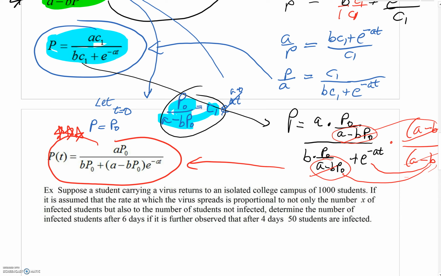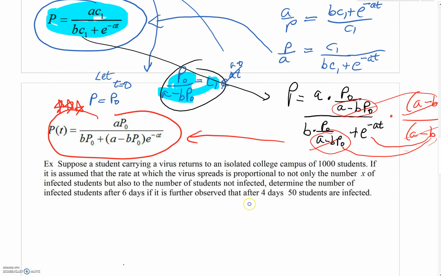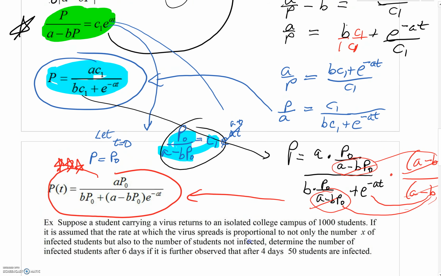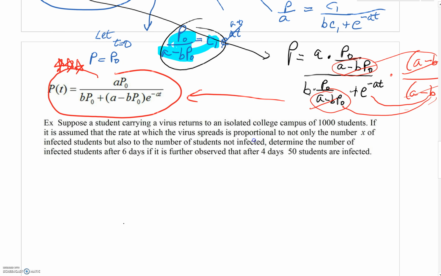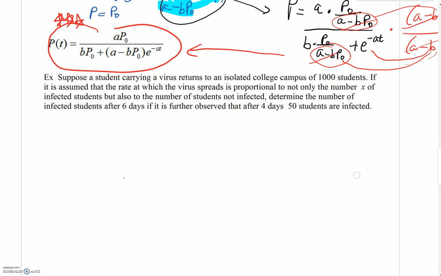So we're going to finish up this lesson right now, really revisiting these equations that we've developed here, and we're going to put them into use in a problem that might not seem like it's logistic growth, and yet it truly is. Suppose that a student carrying a virus returns to an isolated college campus of 1,000 students.